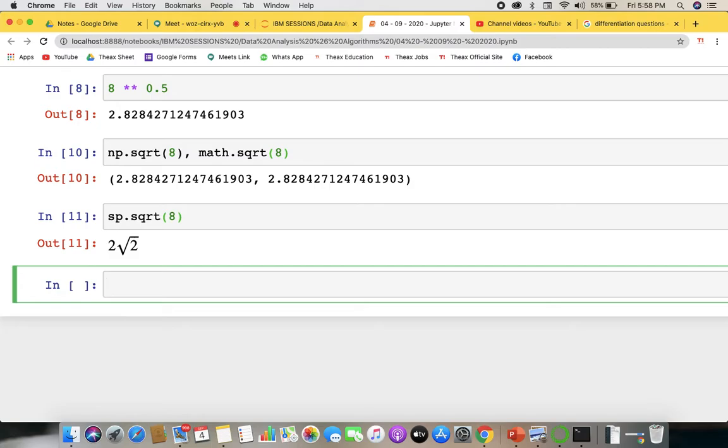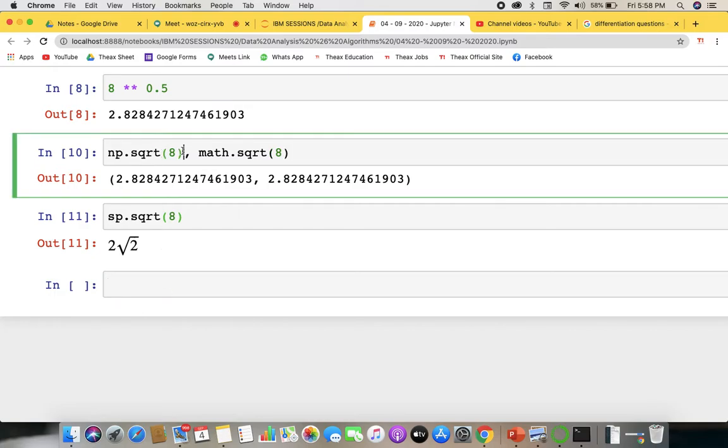So in mathematics also, we want something to be kept as an expression, not always as values, right? So this is giving you a result. What is the value of the square root? It's 2.82. And what is the value of this square root of 8 if we see it symbolically? That is 2 root 2.